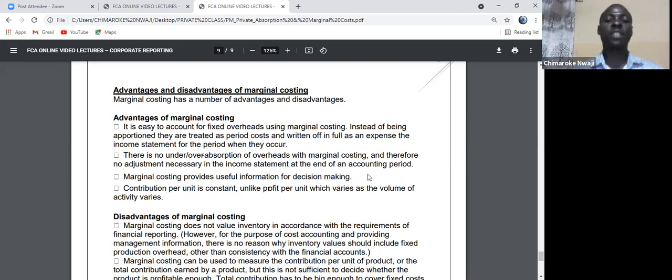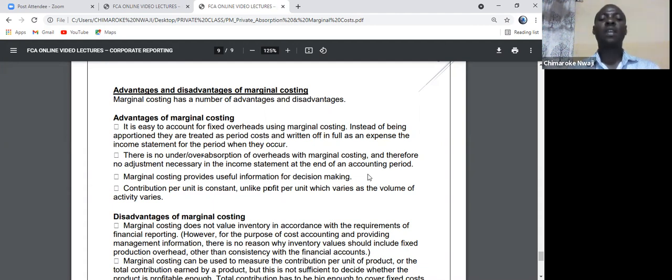That's an advantage. Also, marginal costing is useful for decision making. We are going to see that when we are looking at some of the decision making techniques. You will see how marginal costing plays an important role. And contribution per unit is constant, unlike profit per unit, which varies as the volume of activity varies.